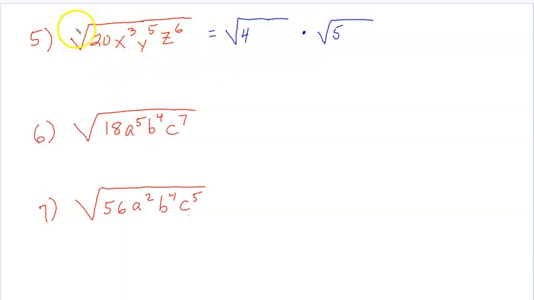Remember, for a square root like this, there's an invisible 2 in this area. It's called the index. And so if you want to know how to simplify variables that are in radicals, just do this simple division. You're going to divide the index into the exponent.